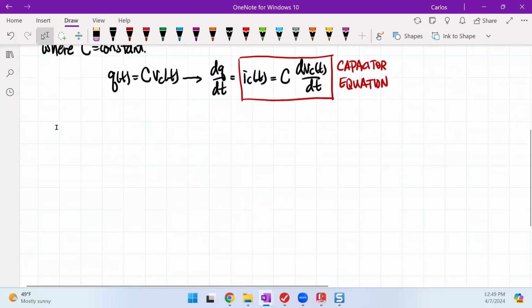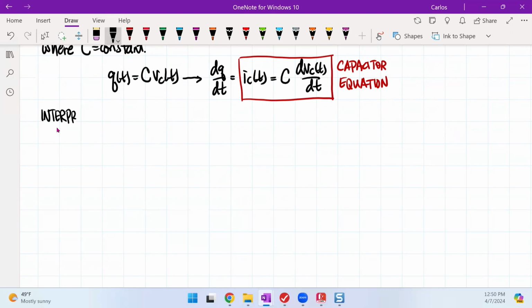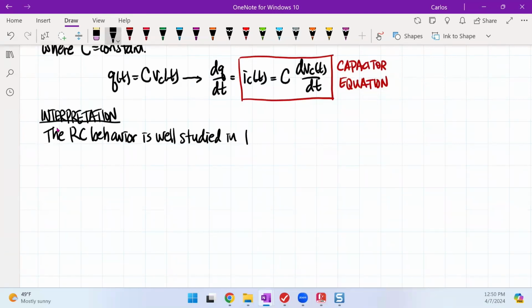So here we go. Now what I want to do is go through the interpretation of this capacitor equation. The RC behavior is well studied in physics 4B.